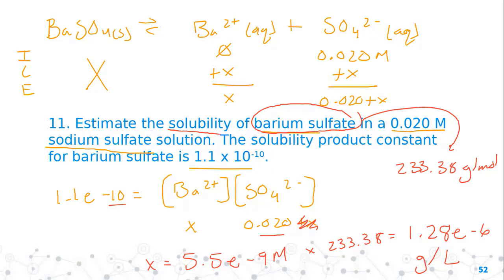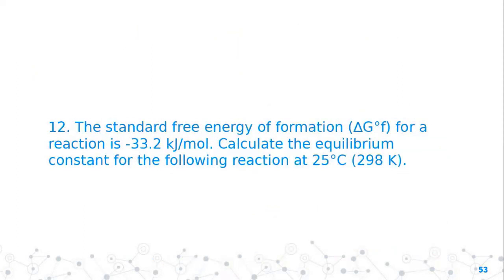All right, one last problem, number 12, and then we should be done for the night. The standard free energy of formation for a reaction is negative 33.2 kilojoules per mole. So that's our delta G naught.